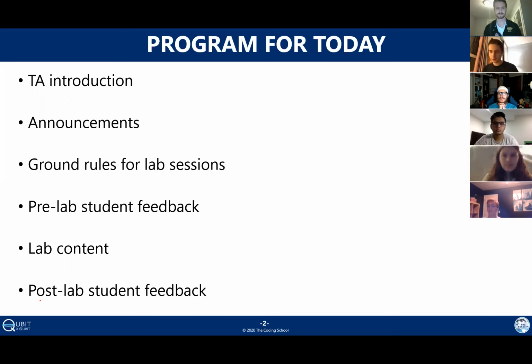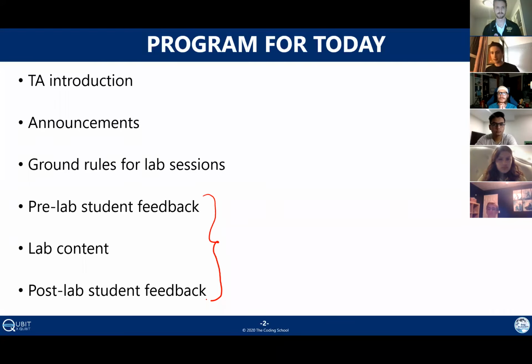Next up, we'll just do a couple minutes talking about ground rules for, in a lot of ways, the course, but there's also some specific things in there about how we'll conduct lab sessions. And then these last 3 points here are sort of the main content for our lab today. We'll start things off with a pre-lab feedback, which for this week is just going to be on Zoom.